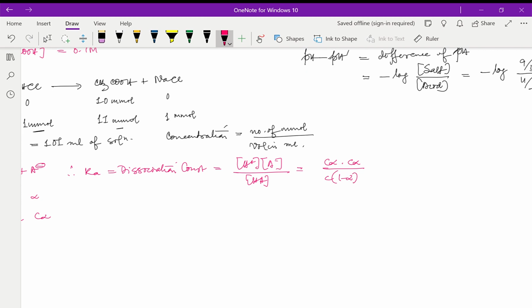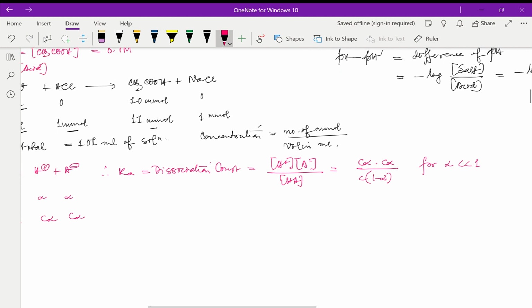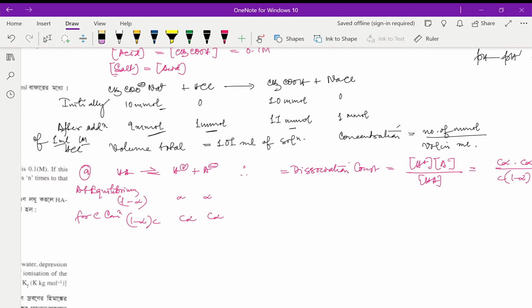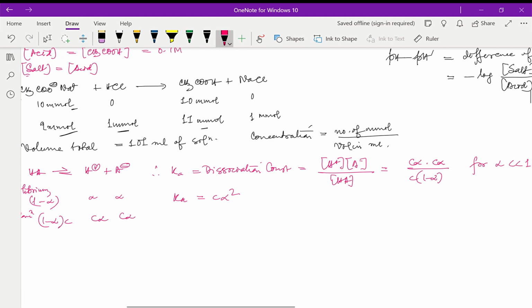For alpha very less than 1, we will apply Ostwald's dilution law, and we can say that Ka is nothing but C alpha square, or alpha is nothing but root of Ka by C.